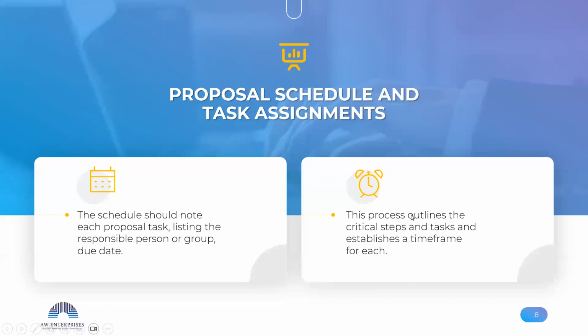Okay, so you got your team together. Now your proposal schedule and task assignments. As I mentioned earlier, getting that proposal done, compliant and out the door on time is imperative. Throughout my career, I started out right out of college in this federal contracting realm.